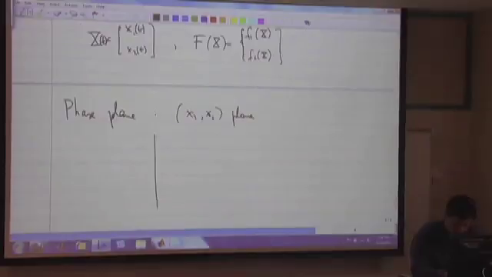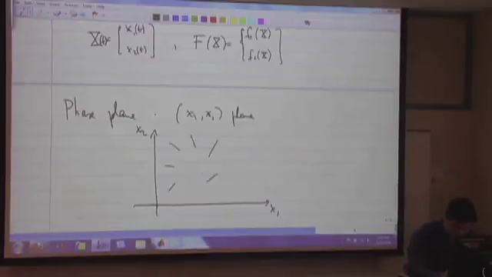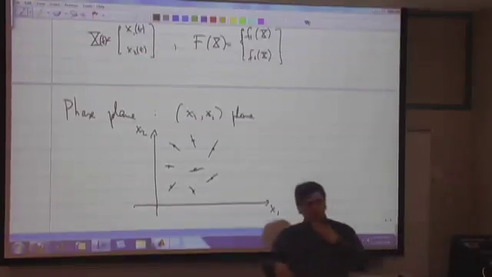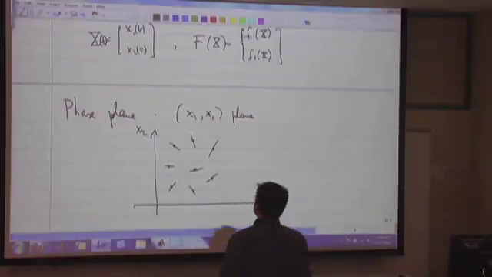And what is the direction field in this plane? x1 and x2 have to be positive, so we only care about the first quadrant here. Just as an illustration, every point in the plane is going to be associated with a direction.